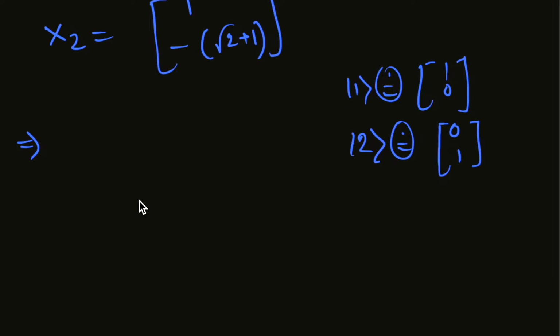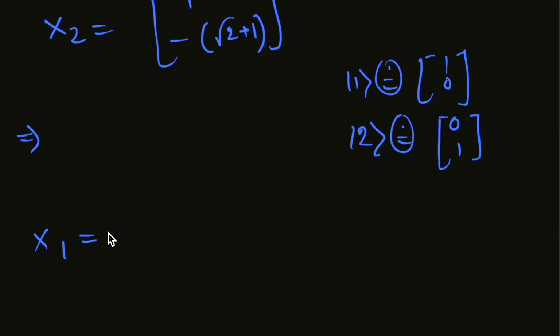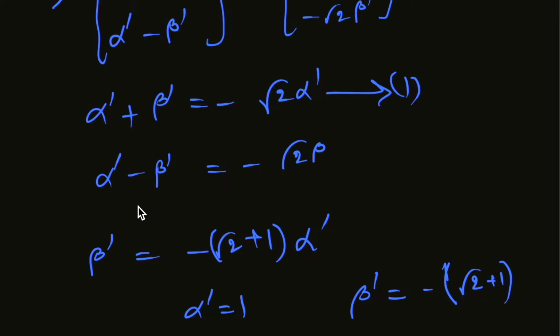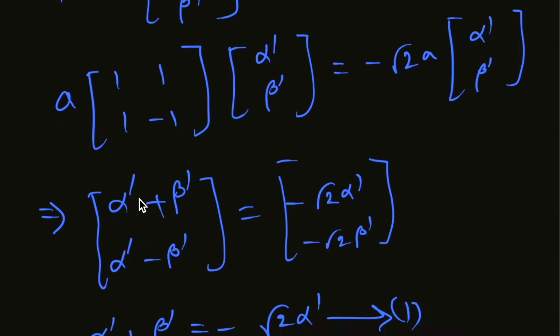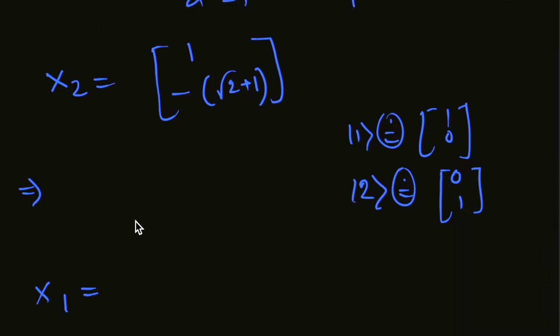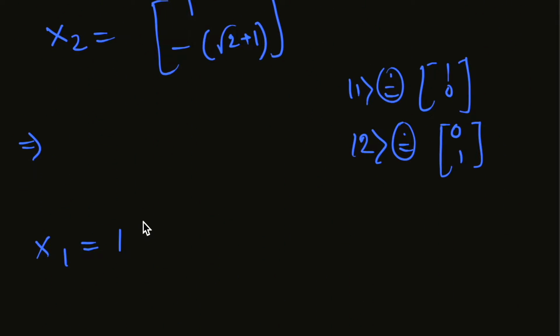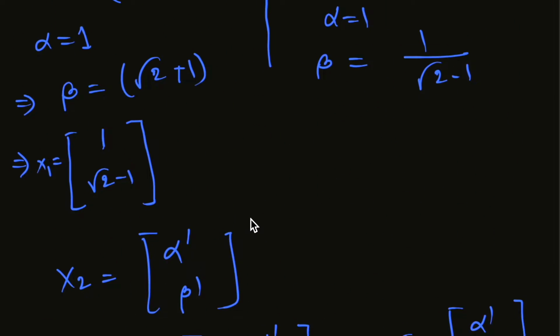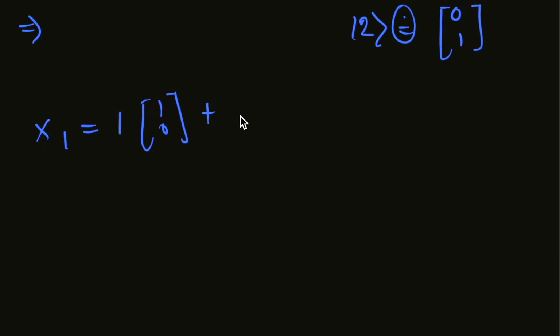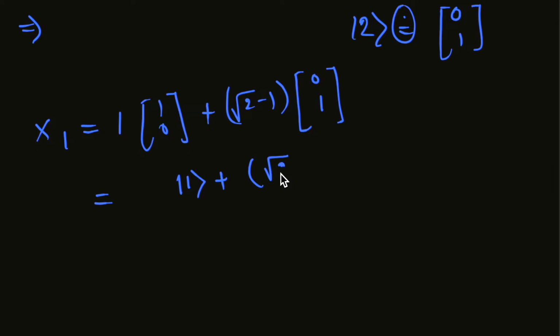In terms of this, x1 is 1 times (1, 0) plus (root 2 minus 1) times (0, 1), that means |1> plus (root 2 minus 1)|2>.